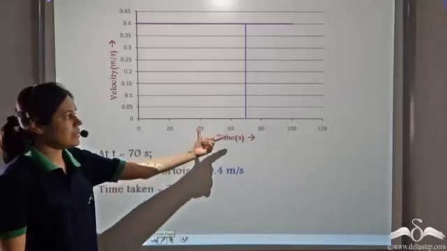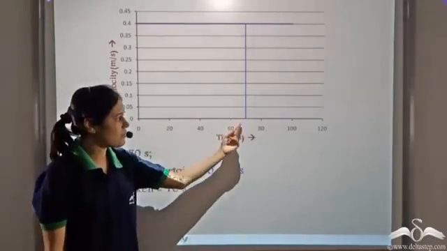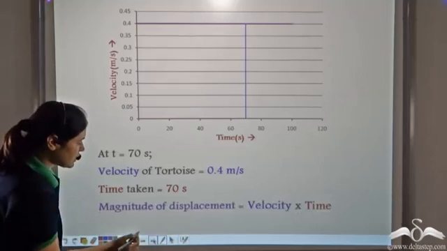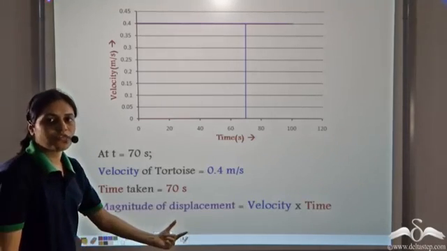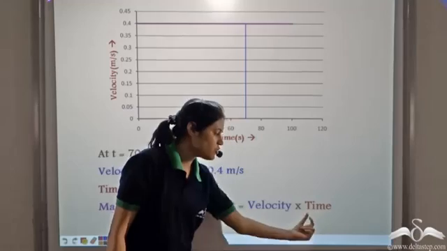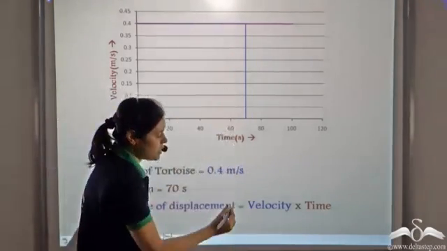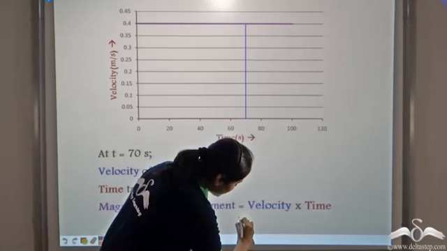Time taken is 70 seconds, indicated by this distance. So what is the displacement? Magnitude of displacement is given by velocity into time. And we see that velocity here is 0.4 meters per second.